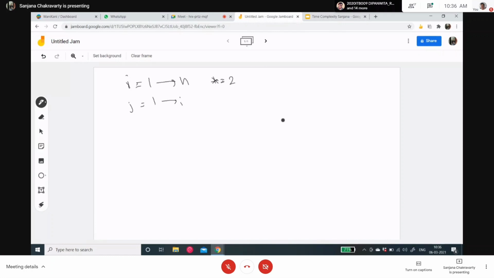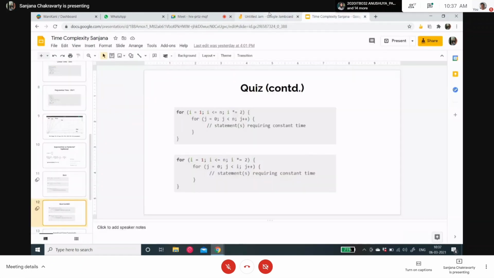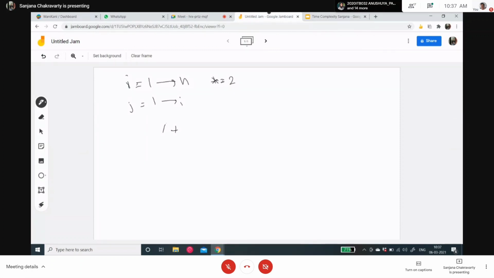Let's see what happens manually. When i is equal to 1, j runs once. Then i is equal to 2, so j runs twice. i is equal to 4, j runs 4 times. i is equal to 8, runs 8 times, and so on and so forth.